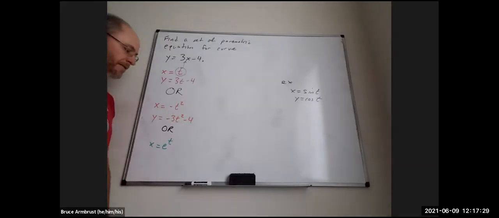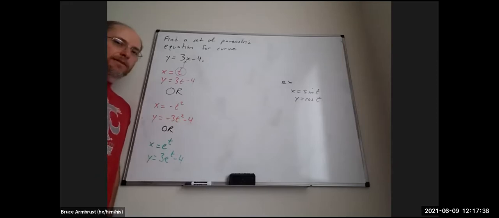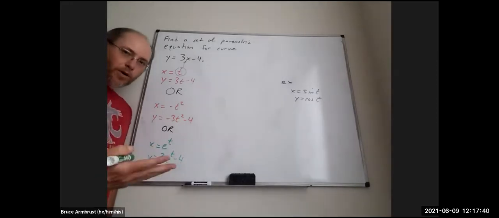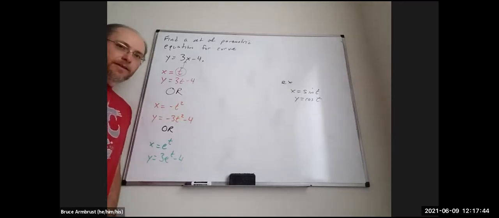Why not? Then y is going to equal 3 e to the t minus 4. If you want to parameterize the curve, all you have to do is pick something for your x, then plug that in for x, and you can get your y value.